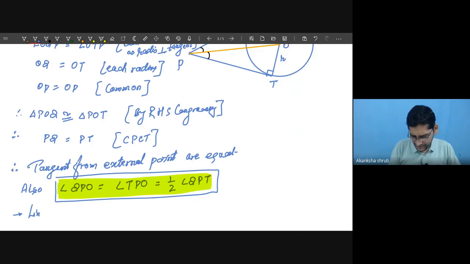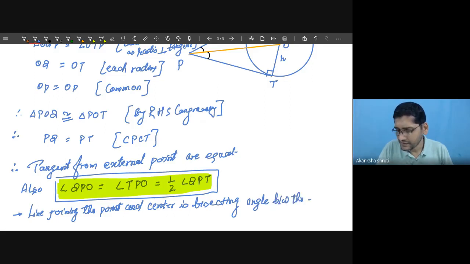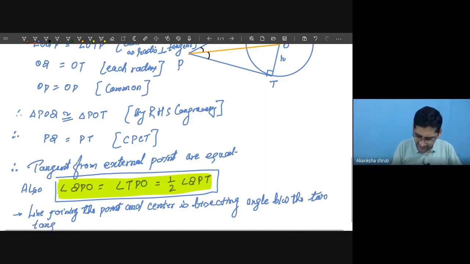So the line joining the point and center is bisecting the angle between the two tangents from that point.